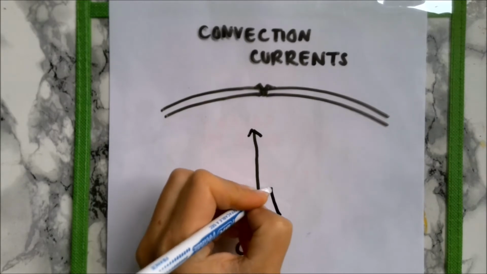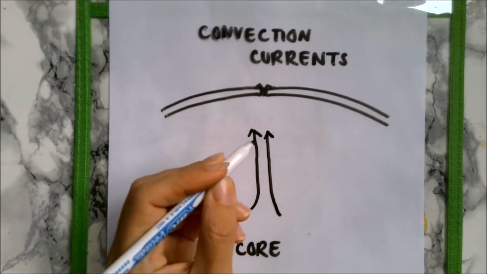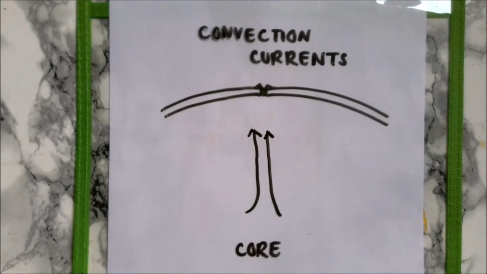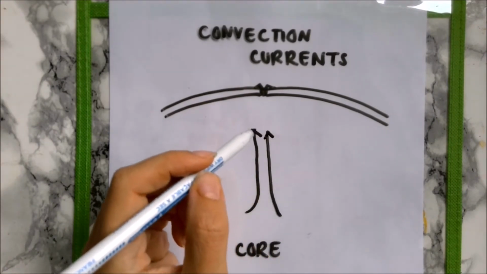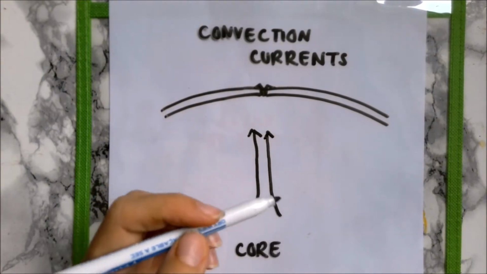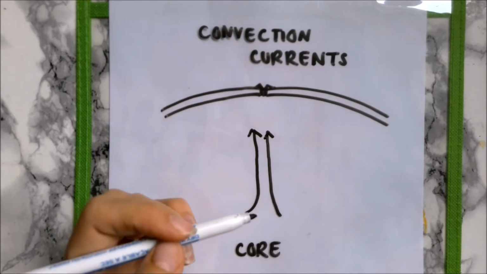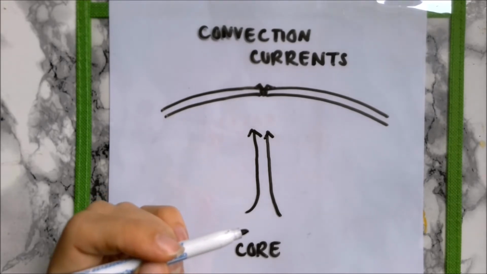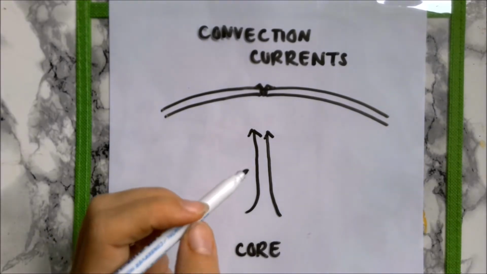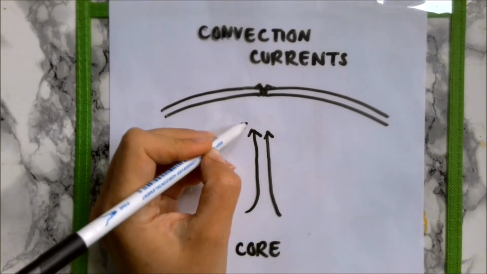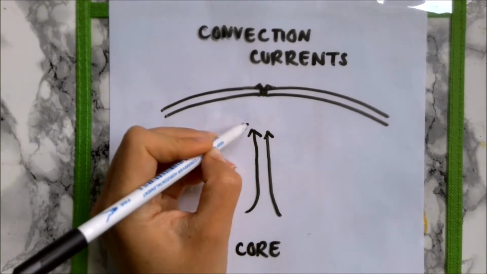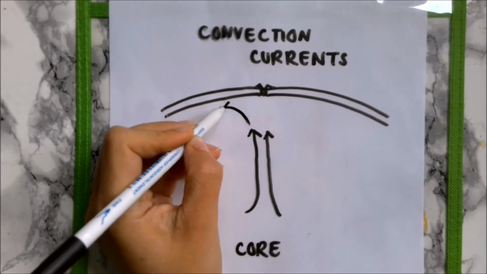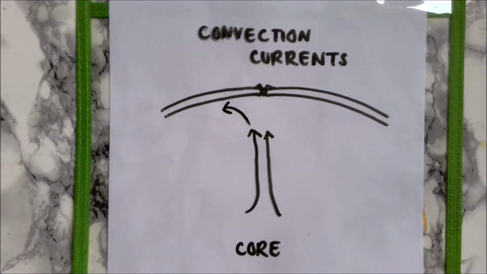So if I just put two of those in for now, and I'll explain why I'm doing that in a second. As it's moving away from the core, this rock, this mantle that is less dense and lighter, is going to start to cool a little bit, and that's going to make it heavier. So it will reach into the asthenosphere. The asthenosphere is the bit, as geographers studying hazards, we're most interested in.